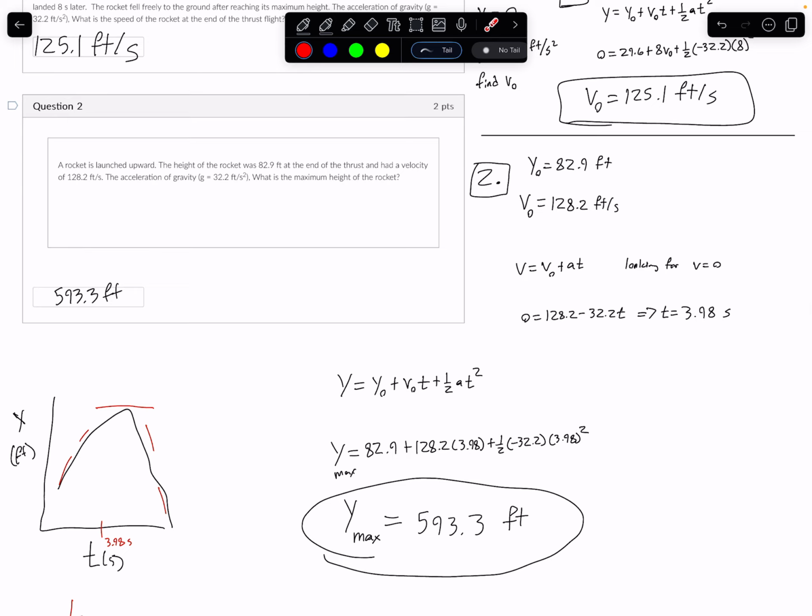Hold up. Actually getting... Oh. Initial velocity of 128.2 times 3.98.